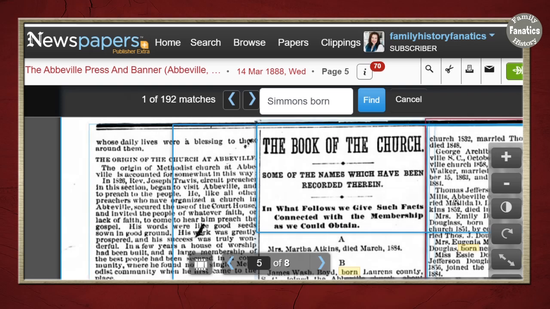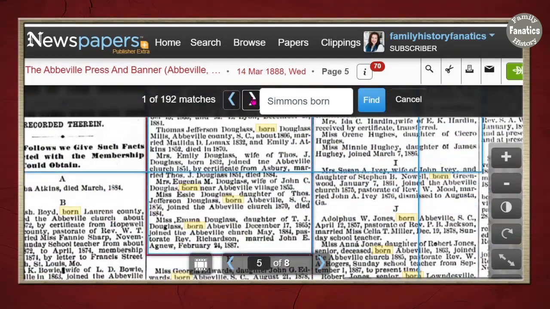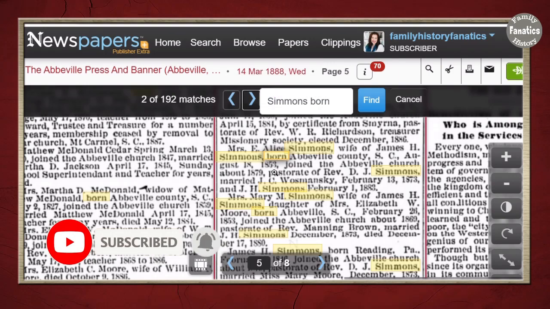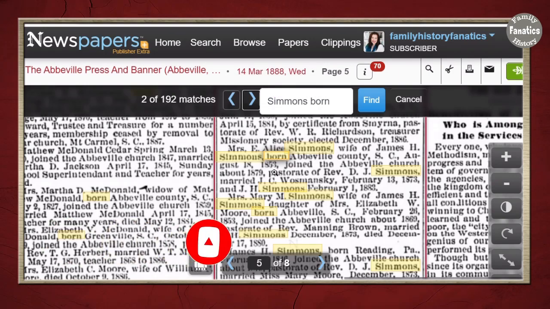So by using surname and born, not only did I pick up a little bit of detail, even though it wasn't 1888 where I found the Simmons being born, 1853. Don't be beholden to the dates of the newspapers for birth dates. You can possibly find birth dates from an earlier time, even marriages from an earlier time, by exploring later dates than you suspected.